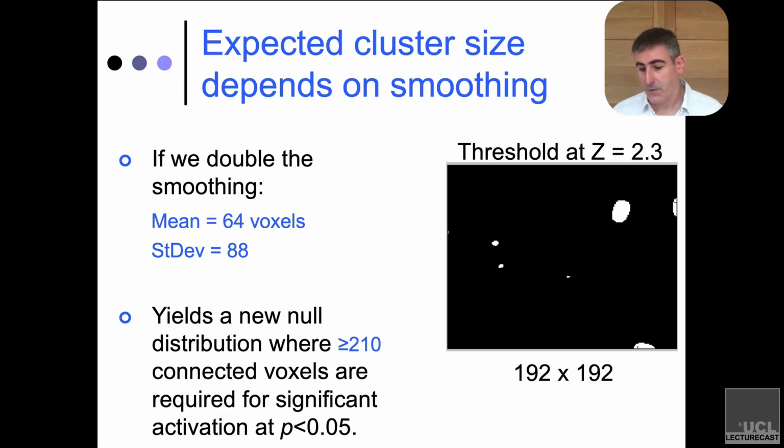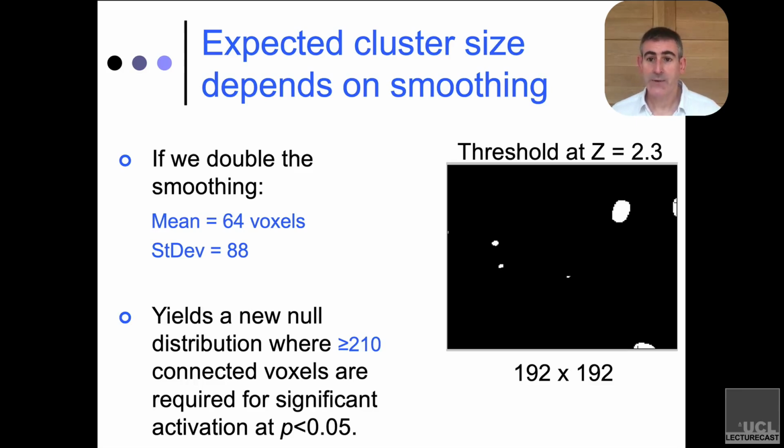So you can see there are fewer clusters and a couple of them are enormous, a couple of them are fairly small, but when you calculate the mean and standard deviation, you get a new distribution. And if you threshold that, you would say, well, the likelihood that something exceeds that by chance now requires that you have to have 210 connected voxels or more.